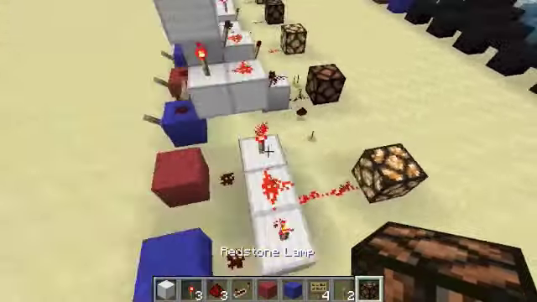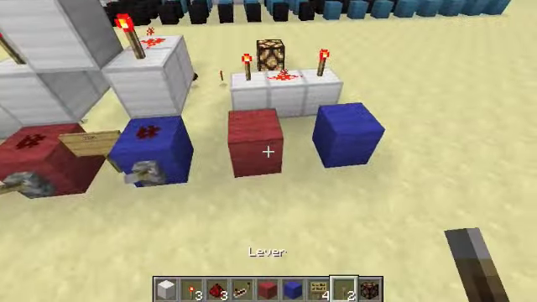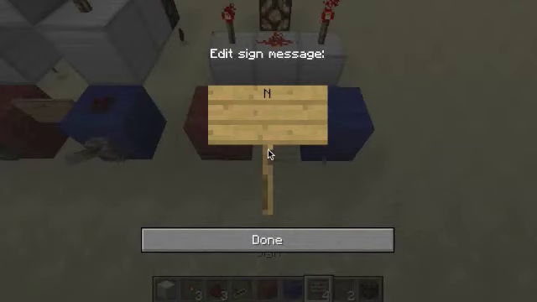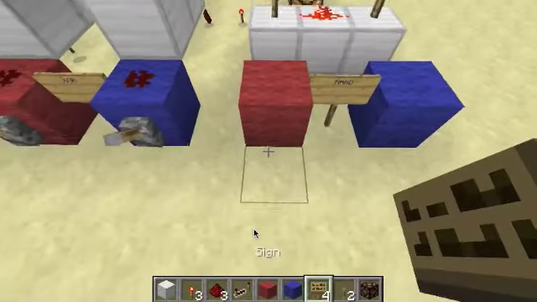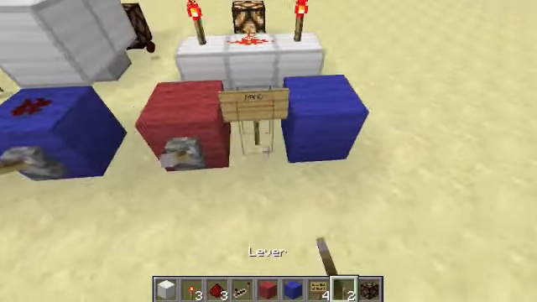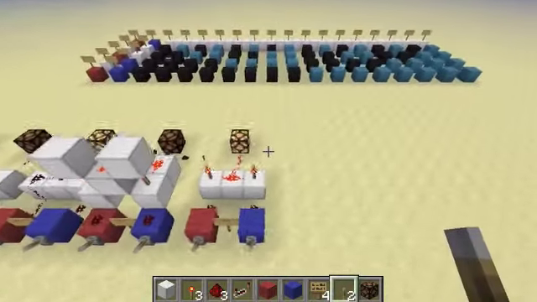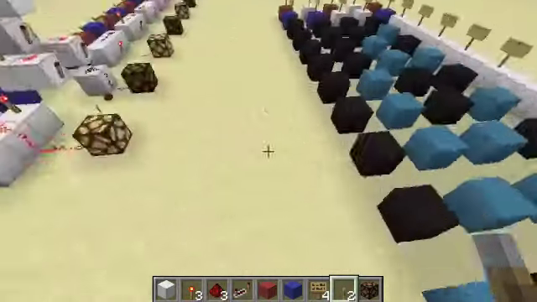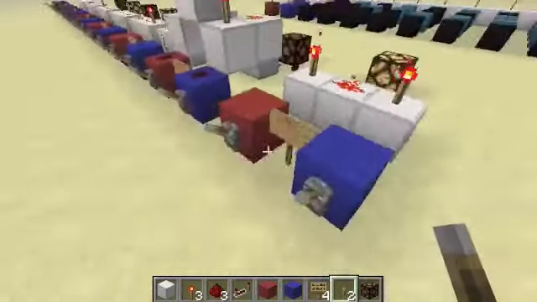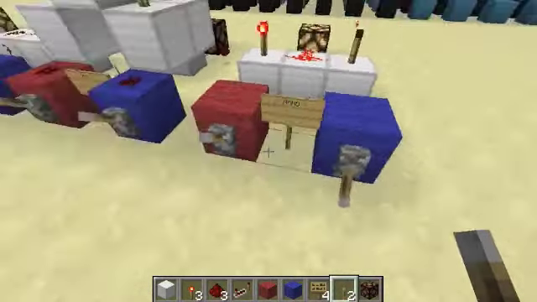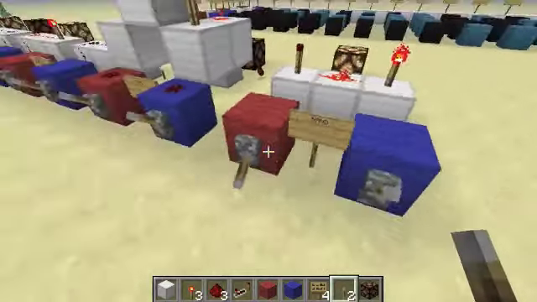Simple as that. So let's call this NAND. I should probably show you that working. NAND, it's only true when both inputs are not on.